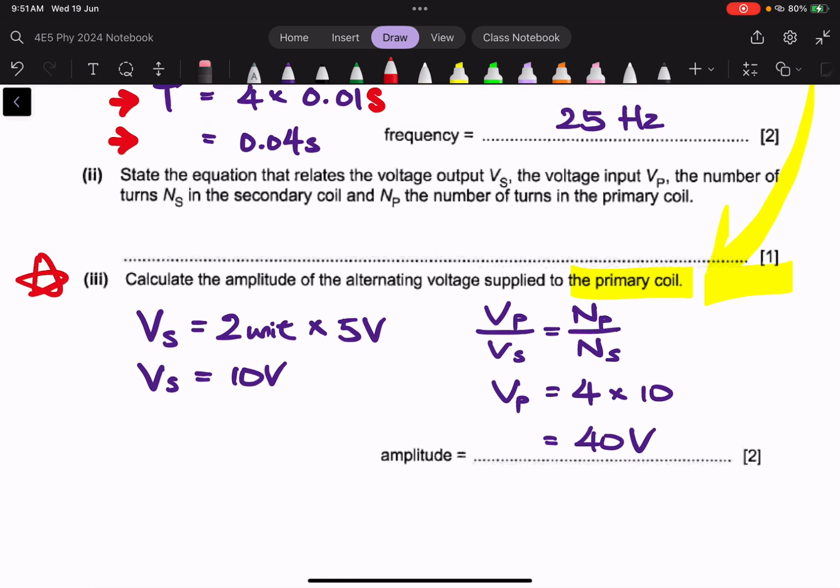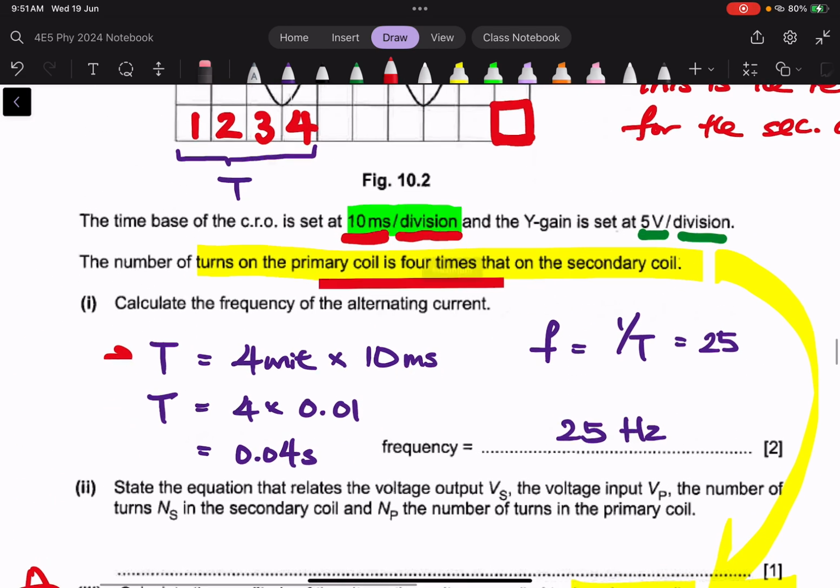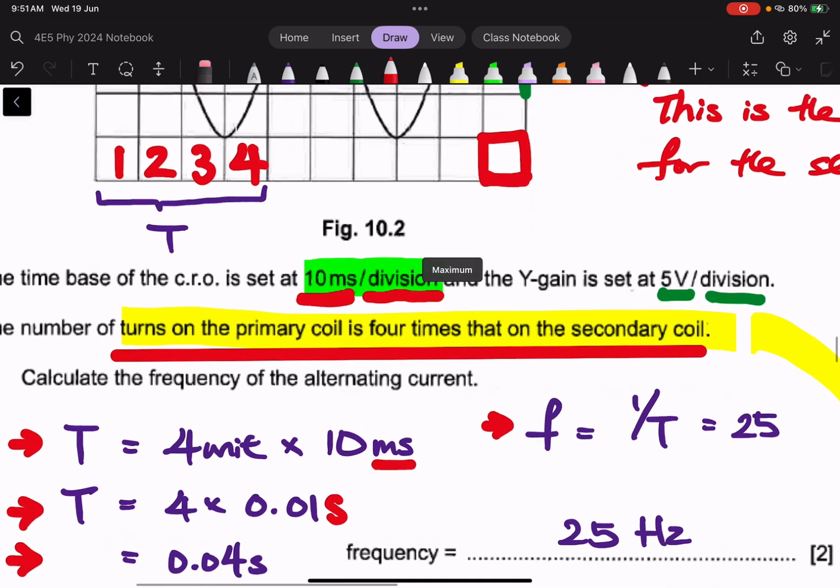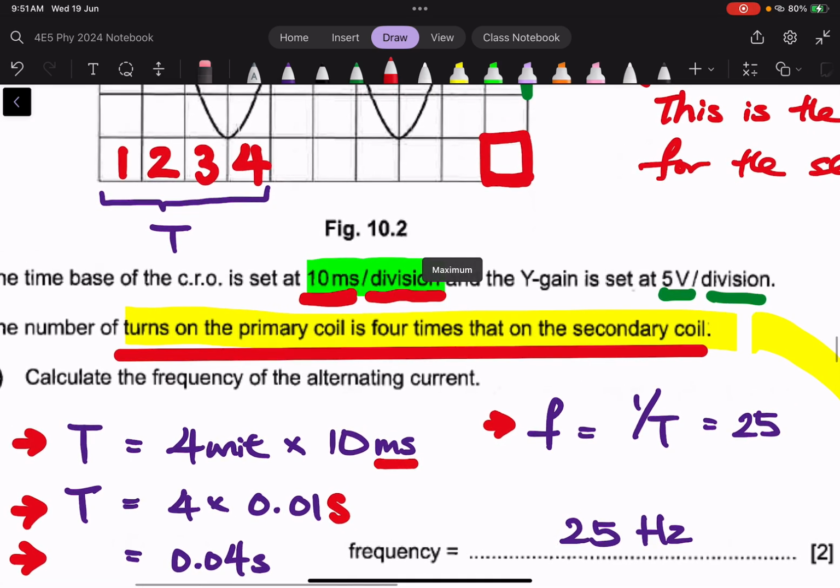Okay, for part 3, like I said, the curvy graph is for the secondary coil. So using the Y gain and reading the graph, you're able to see that the amplitude for the voltage output is 10 volt. Then you apply your transformer equation together with this info, the one with the red underline.